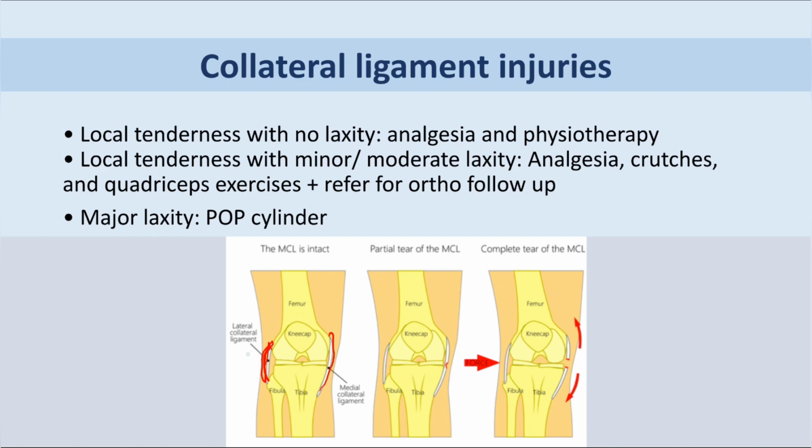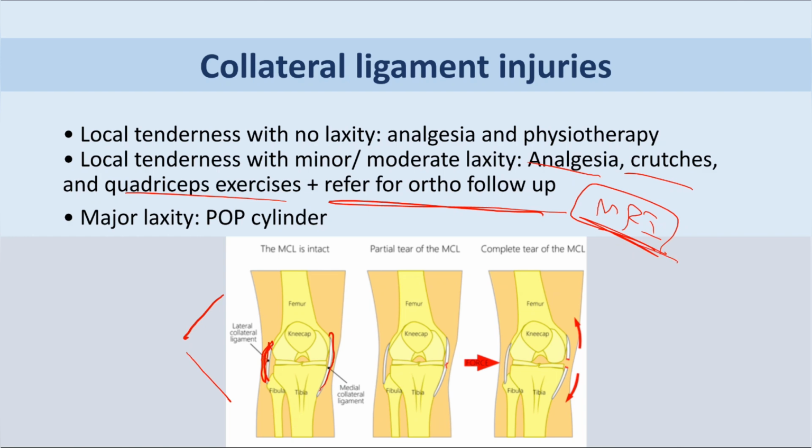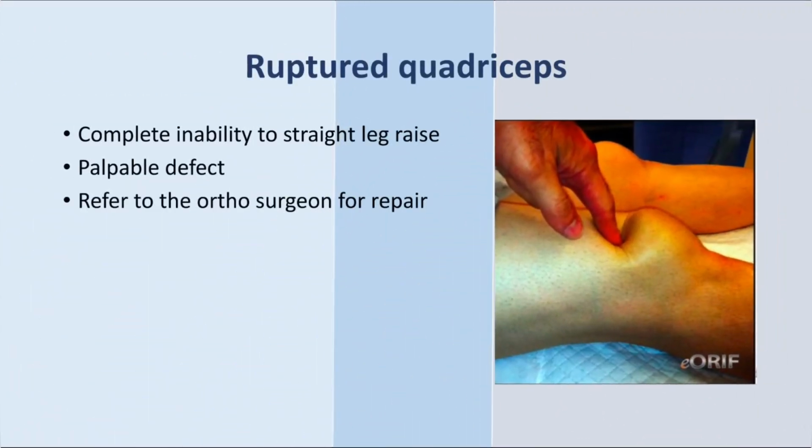But if there is local tenderness and the knee is laxing to the inner side, you have to give analgesia, use crutches, quadriceps exercise, do an MRI, and refer to the orthopedic team, although MRI may be done only at the request of the orthopedic team in consultation. If there is major laxity, you put it in a POP cylinder not to move, and then plan for surgery.